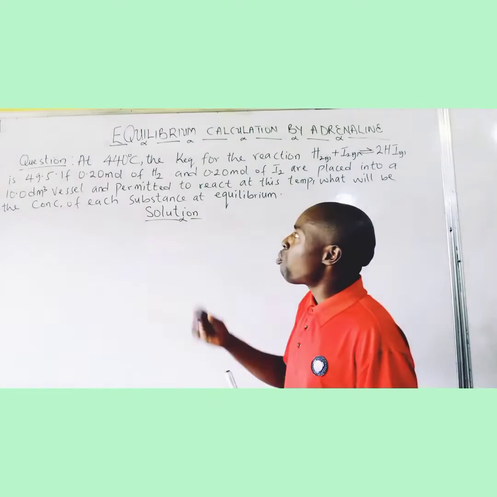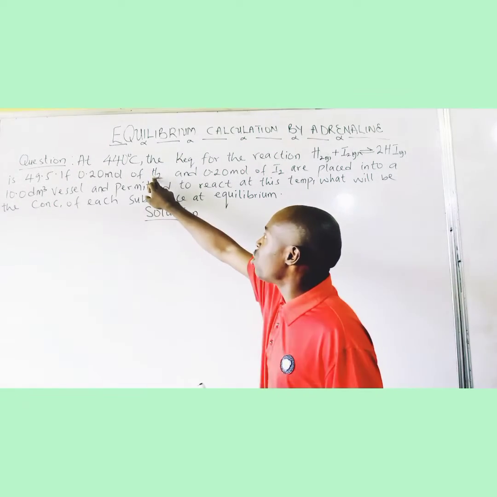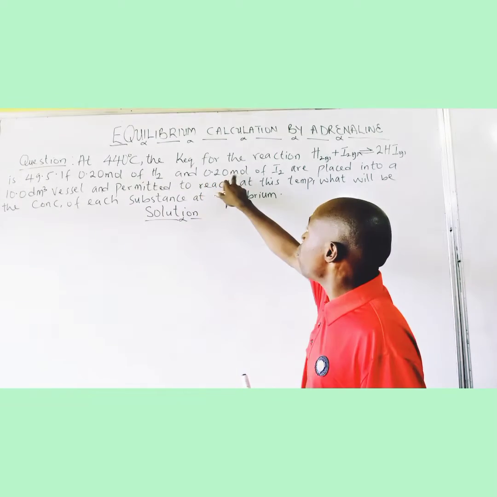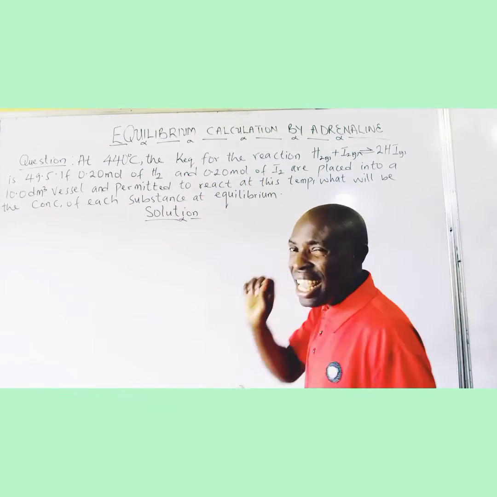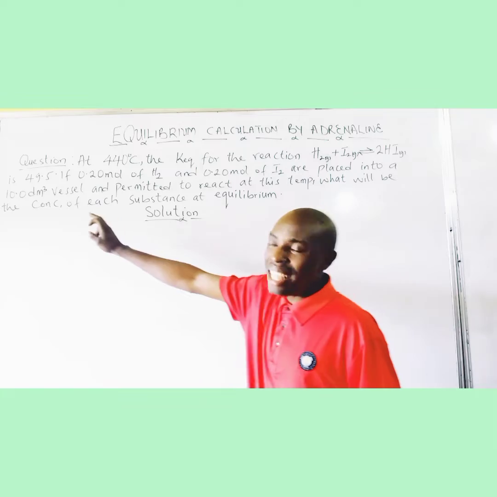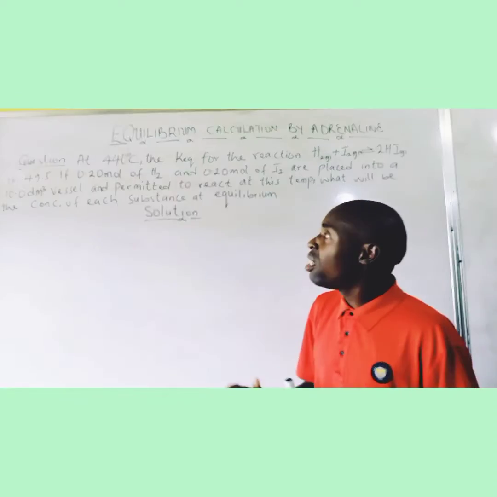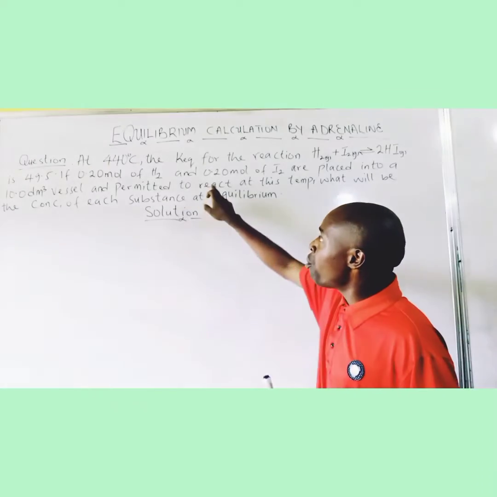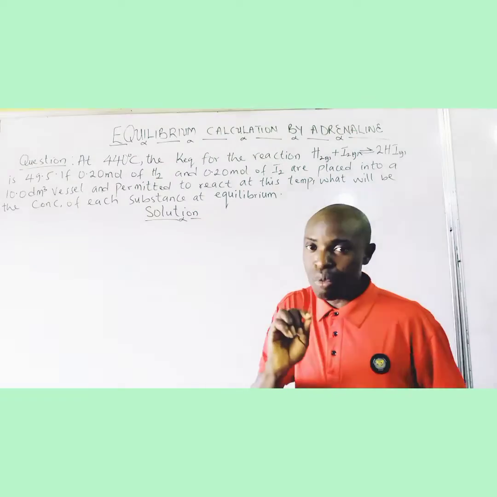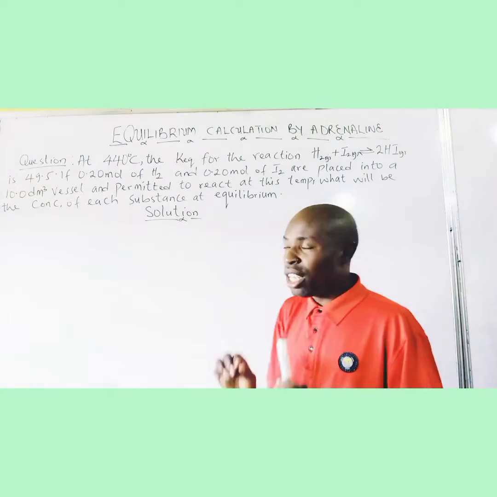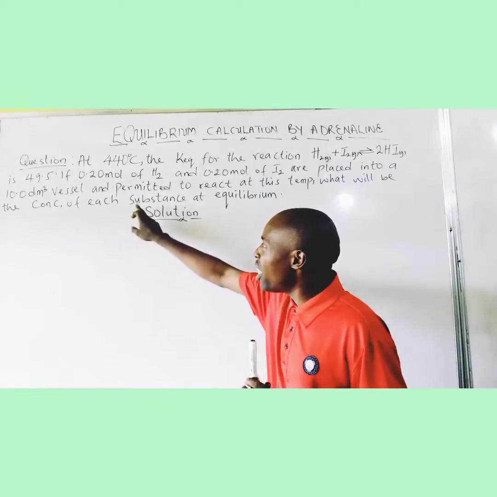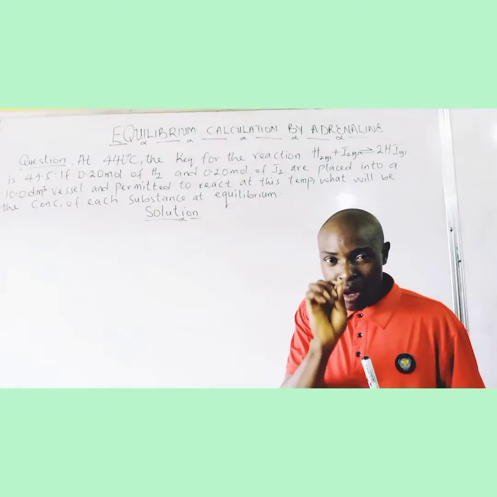If 0.20 mole of hydrogen and 0.20 mole of iodine are placed into a 10 dm cube vessel and permitted to react at this temperature, what will be the concentration of each substance at equilibrium?